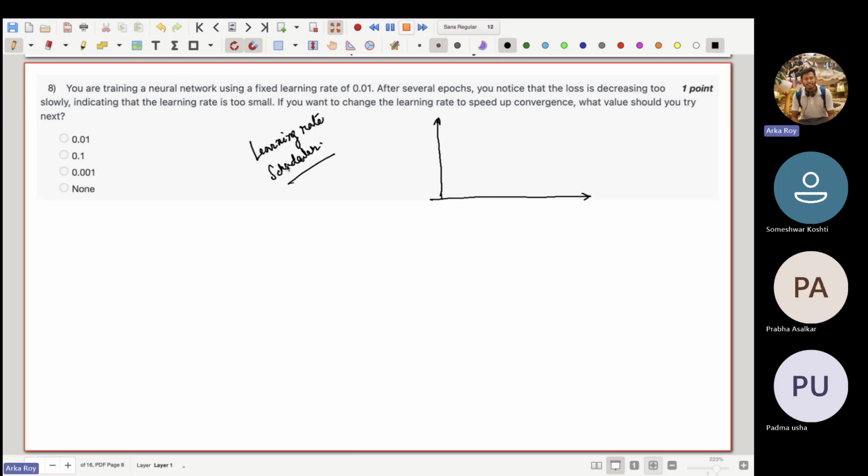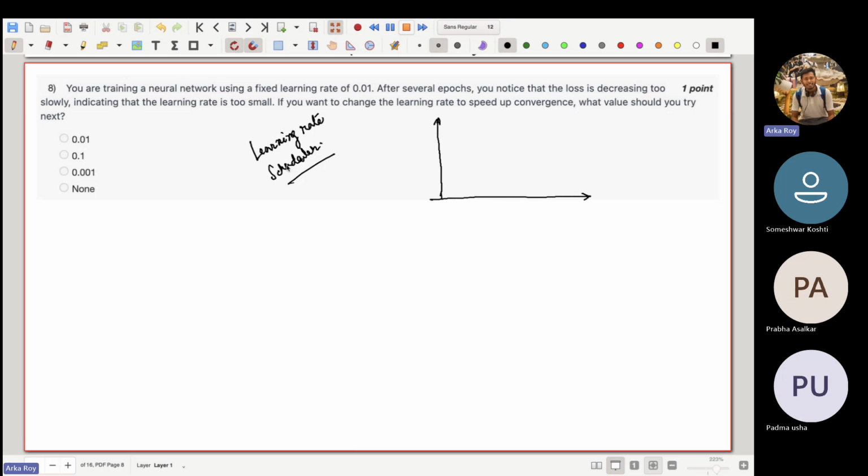So you started training the neural network with a certain learning rate, and because you have kept a learning rate scheduler, it keeps on changing the learning rate with each epoch. There are certain other settings as well, which is called patience.